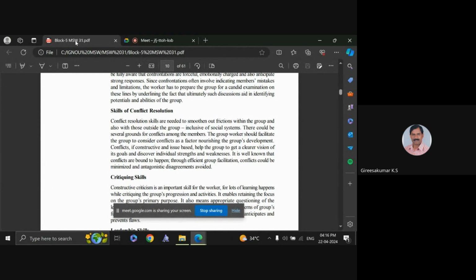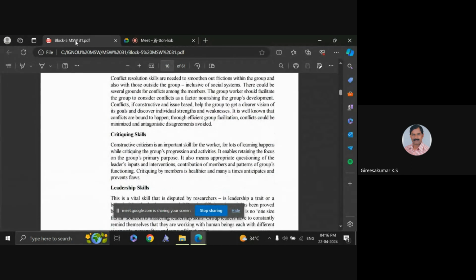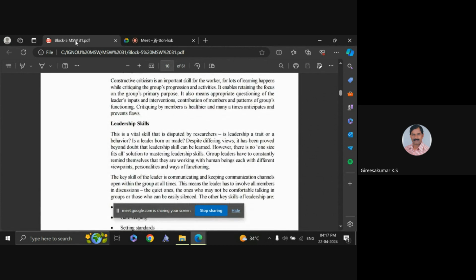Then critiquing skills. Constructive criticism is very much necessary, and hence constructive criticism will be there always. He must have a skill in constructive criticism. Apart from all that, leadership skills.